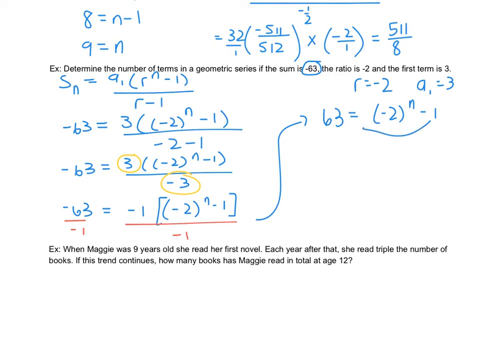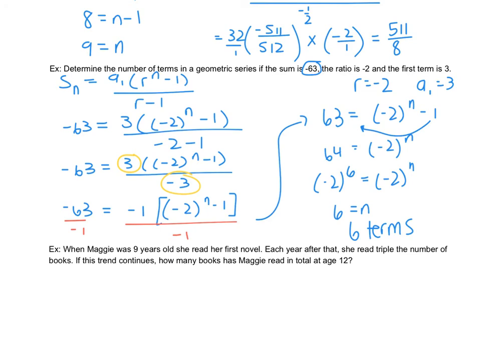So we can bring the negative 1 over to get 64. And now we can go ahead and get a common base because we're at the point where we have to solve our exponential equation. So I know 2 to the power of 6 is 64, but I need a common base. So negative 2 to the power of 6 is also positive 64. And now 6 equals n. So there are 6 terms in this geometric series.